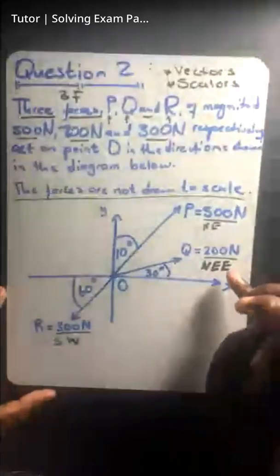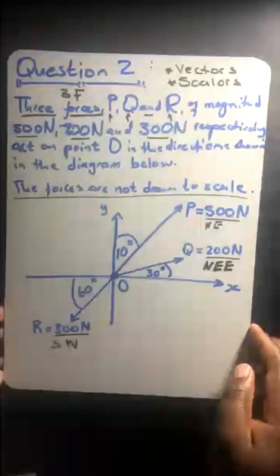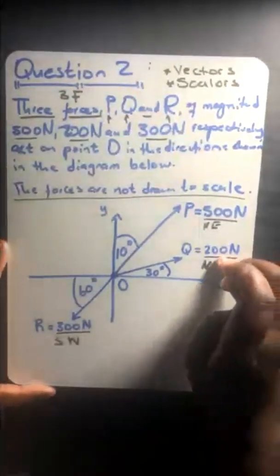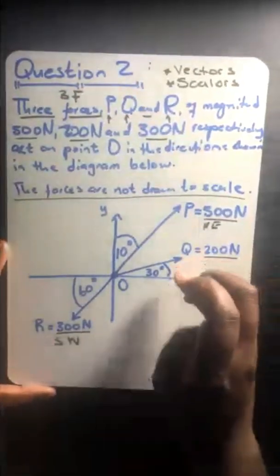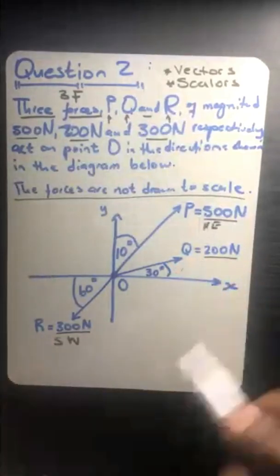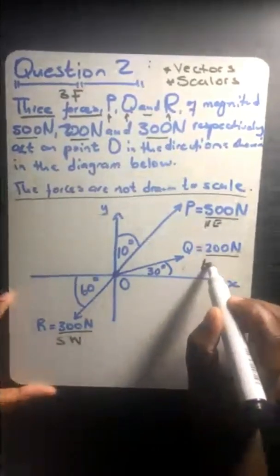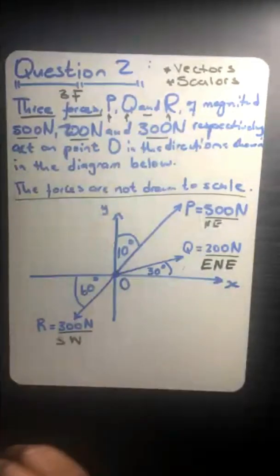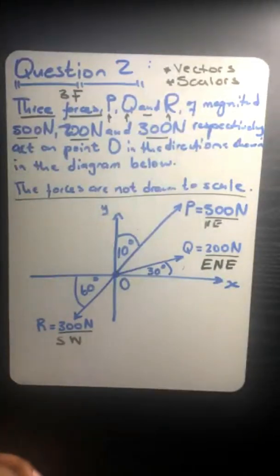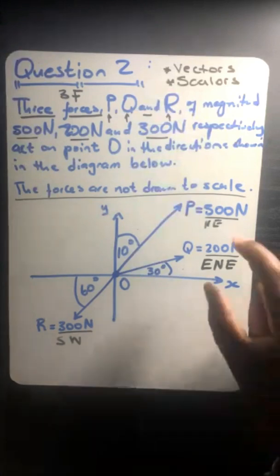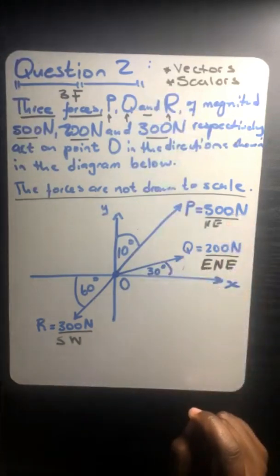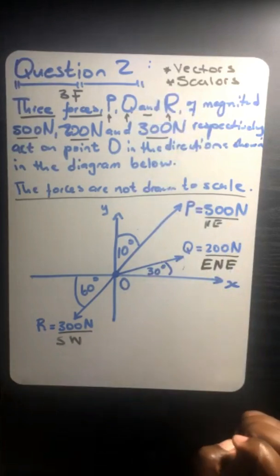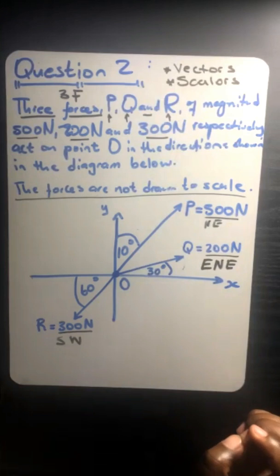So let's see. This one, it's east, northeast. Okay, let's write it as east, northeast. I think that's what we said. Remember, guys, it is very, very important that we try to give directions to these forces, because we know very well that a force is a vector quantity, which means it has both direction and magnitude.